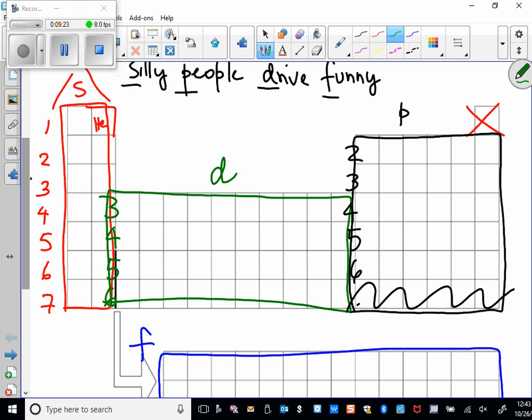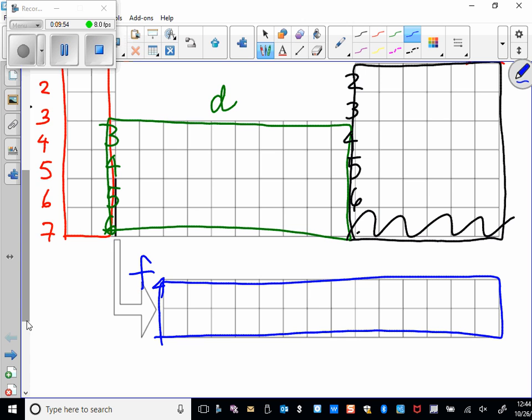The nucleus is positive, the electron cloud is negative. So 4s is lower in energy, then 3d is lower in energy than 4p. After 4s, what comes? 3d. So S starts at 1, P starts at 2, D starts at 3, F will start at 4. So that's a 4 and that's a 5.